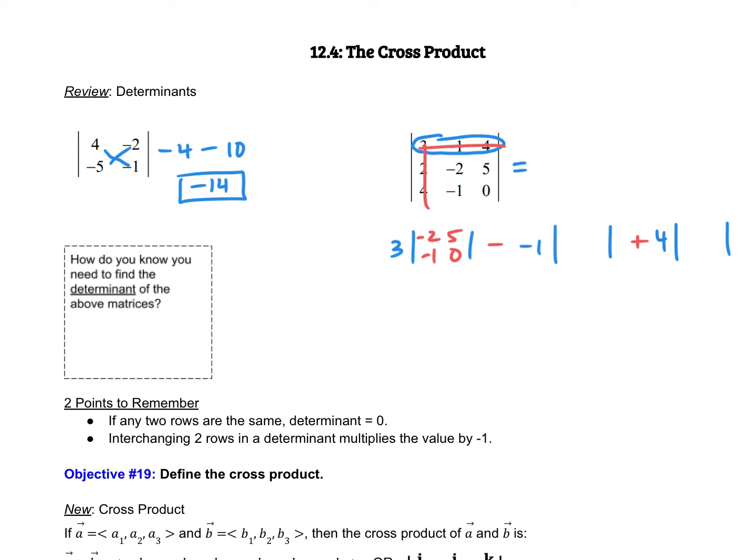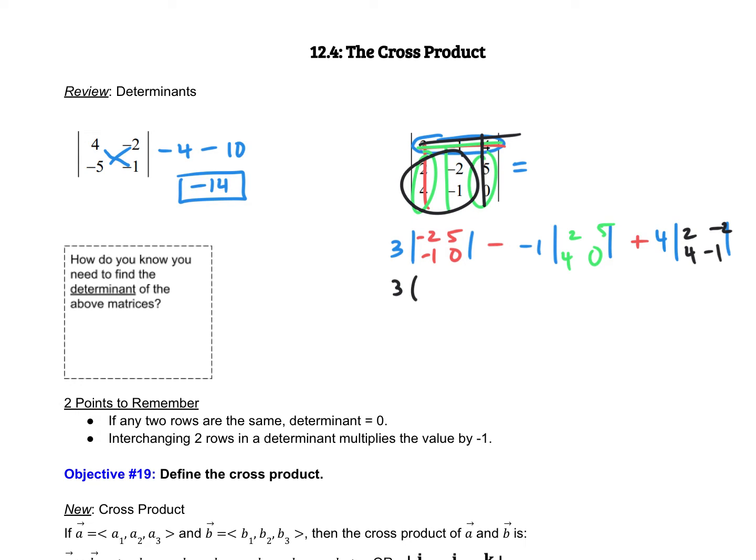This time, ignoring the row and column that -1 is in, I'm left with 2, 5, 4, and 0. And for that 4, lastly, ignoring the row and column, I'm left with this matrix, which is 2, -2, 4, and -1. Now we have 3 mini determinants to calculate.